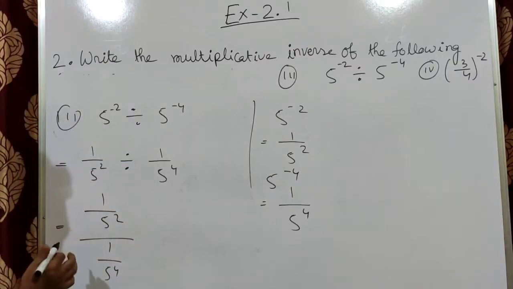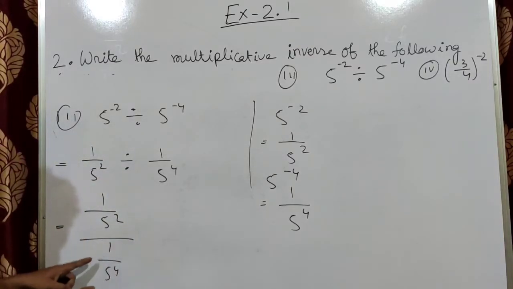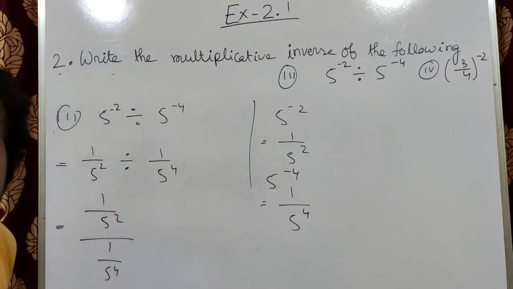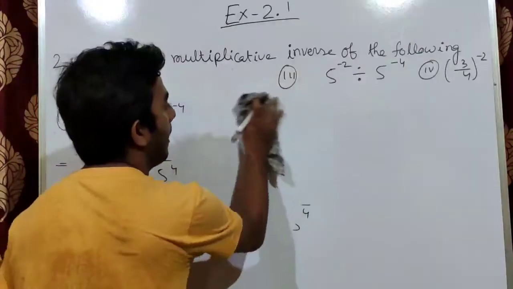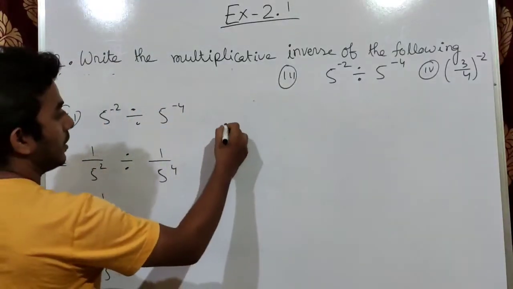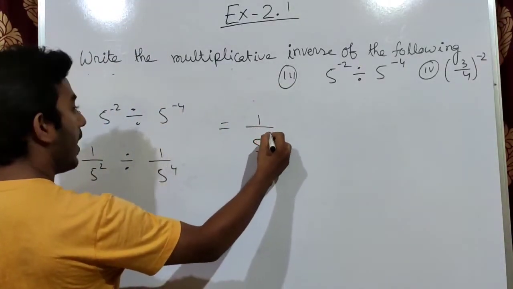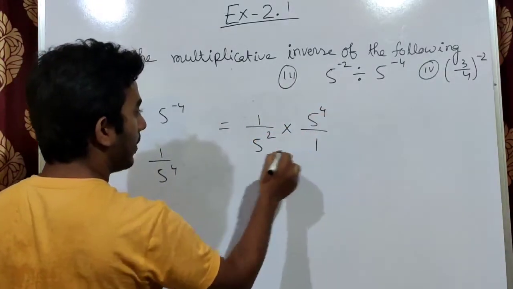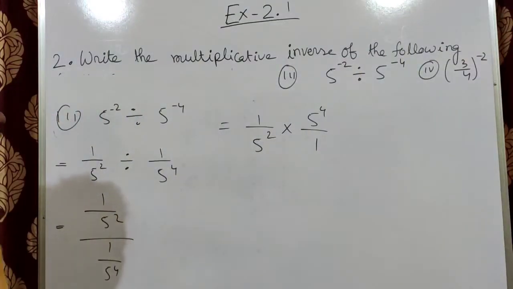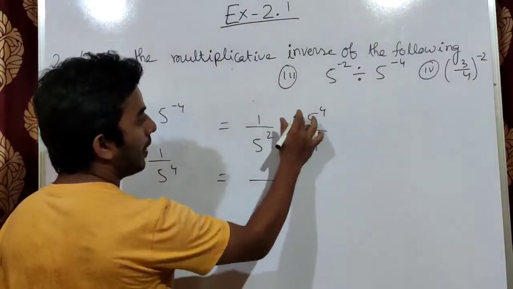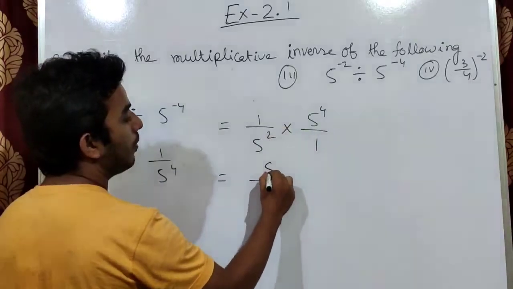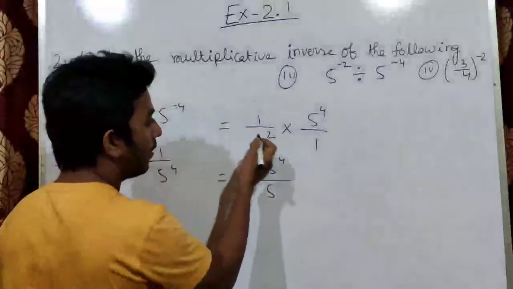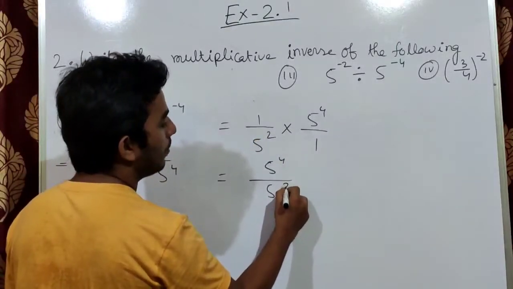If we divide like this, the 1 by 5^4 gets flipped and multiplied, and our next line will be 1 by 5 square into 5^4 divided by 1. Now we multiply numerator into numerator, that is 5^4 into 1 is 5^4, and 5^2 into 1 is 5^2.